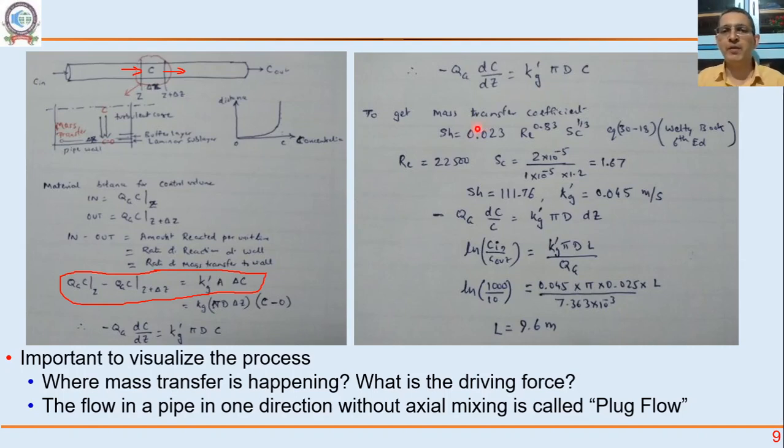That equation in this particular case is Sherwood number equals 0.023 Reynolds number to the 0.83, Schmidt number to the 1 by 3. If you want to see it, this is equation 30.18 from Welty's book, 6th edition. Reynolds number is 22,500. Schmidt number, mu for the air, that's where the diffusion is happening. Diffusivity 1 into 10 raised to minus 5.